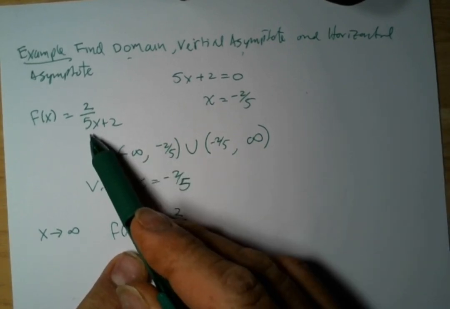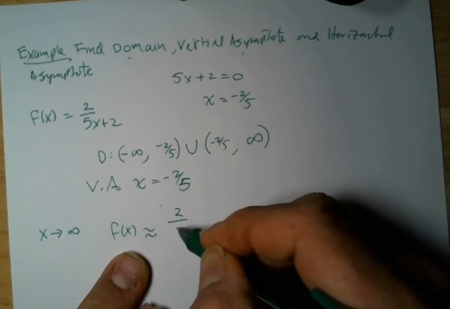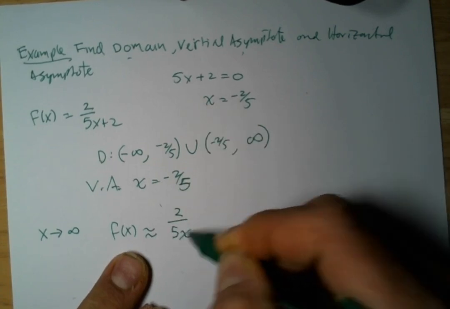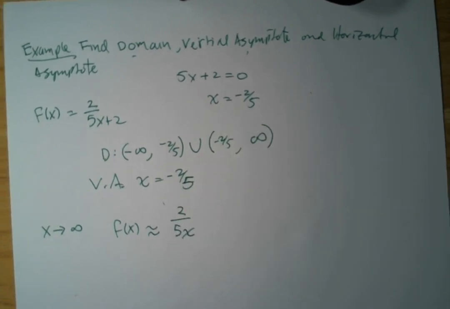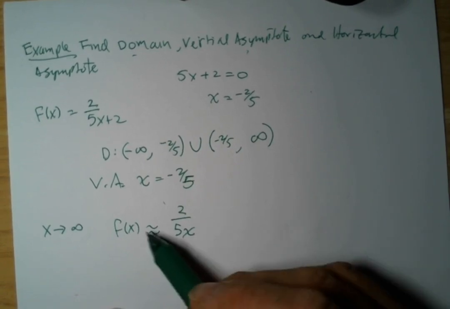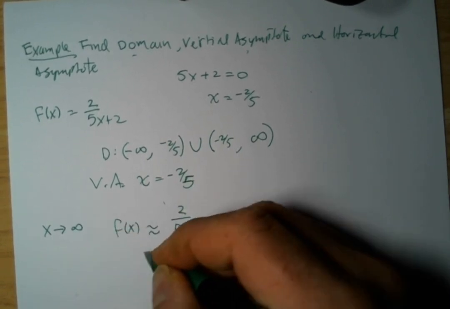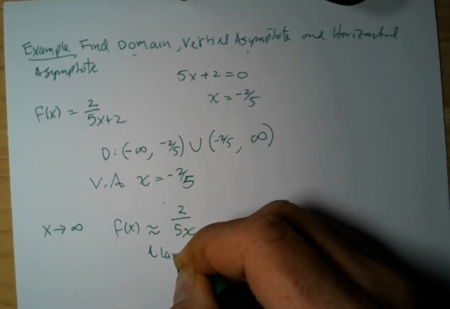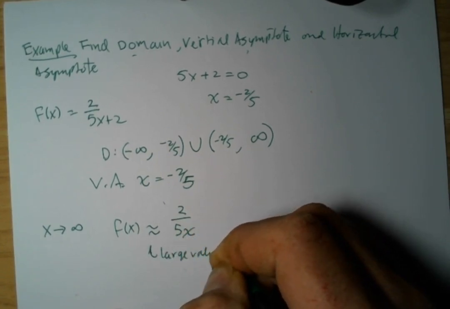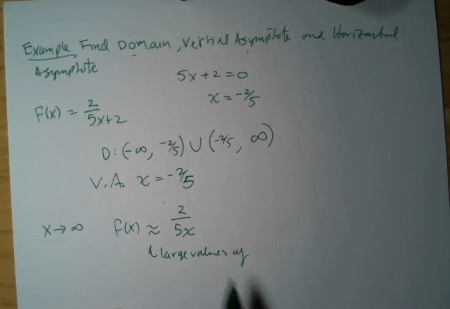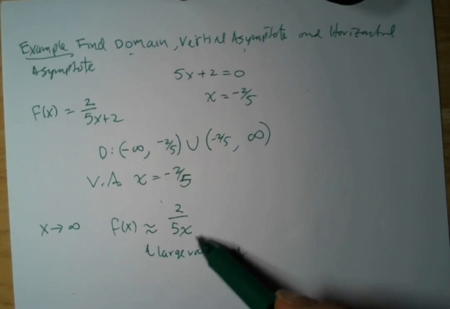In the denominator, the leading term is 5x. Now again, this is only for large values of x. We see the behavior is similar to 2 over 5x.